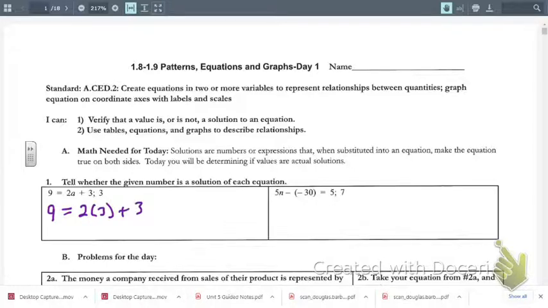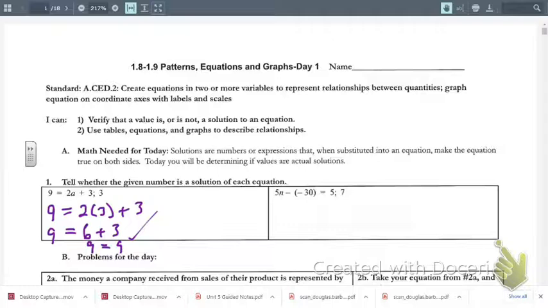So we have 9 equals 2 times 3 is 6, plus 3. And so you see we have 9 equals 9. So 3 would be a solution. It makes the equation true.